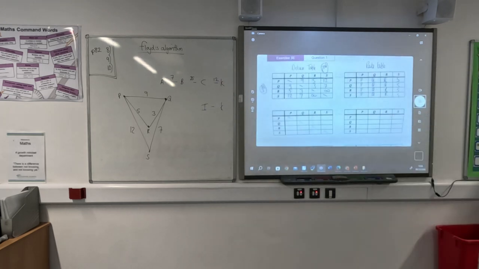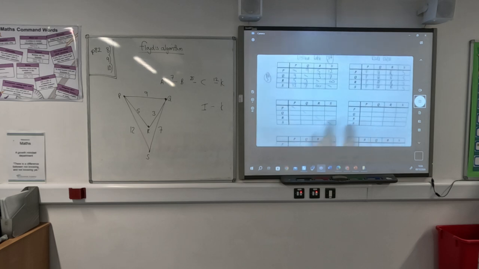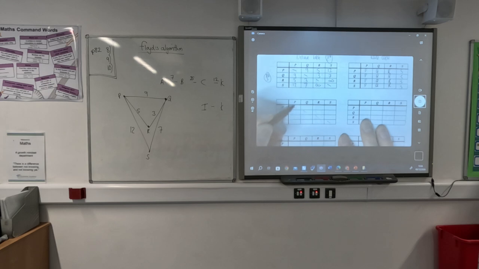Right. So there is an explanation of Floyd's algorithm in the book, which I just found made my head ache even more. So I'm using 2 examples, hopefully, to work through it. Right, what I'm going to do is, I'm now going to do one iteration of Floyd's algorithm. And to do one iteration, I'm going to focus on P. So I'm going to shade in the P column and row.